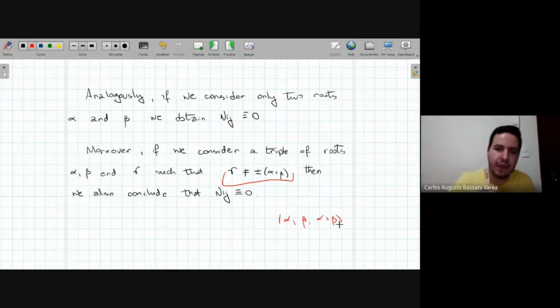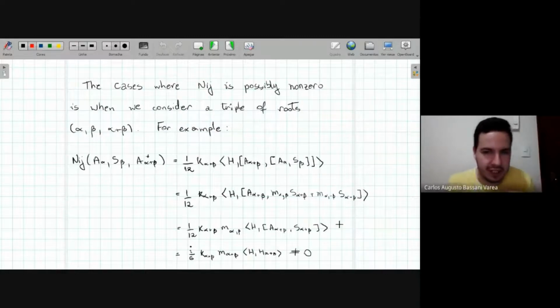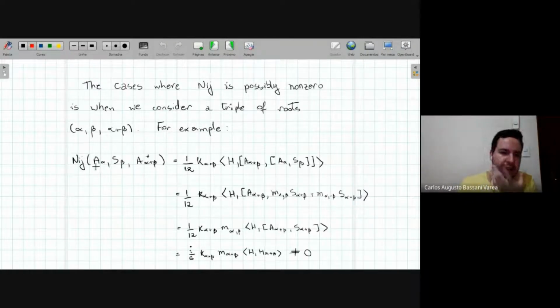So let's do an example to see what happens with a triple of roots alpha, beta, and alpha plus beta. For example, this one here: A alpha, S beta, and A alpha plus beta star. Applying the definition of the Nijenhuis operator, our expression gives us this.